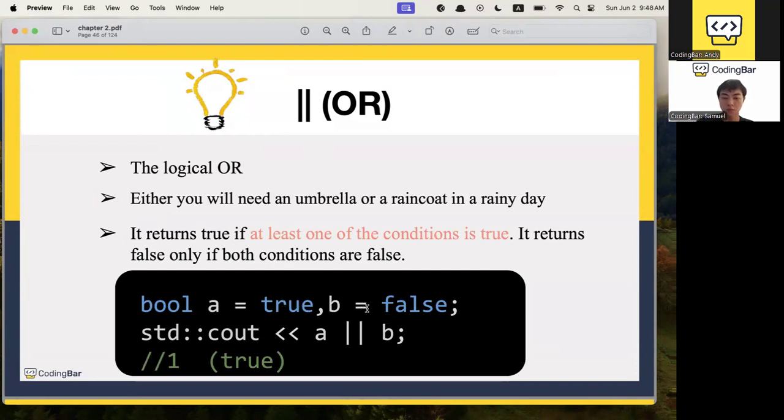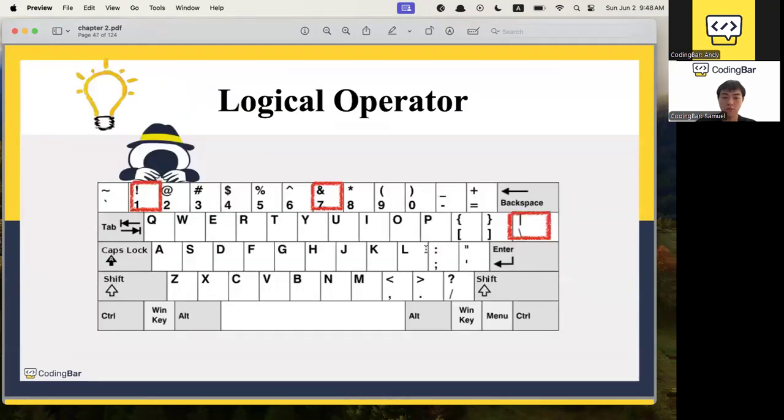Let's say A is true and B is false. This will output true because A is true. Either of them being true is enough for it to output true. And where is NOT, AND and OR? NOT is here. AND is here. And OR is here.